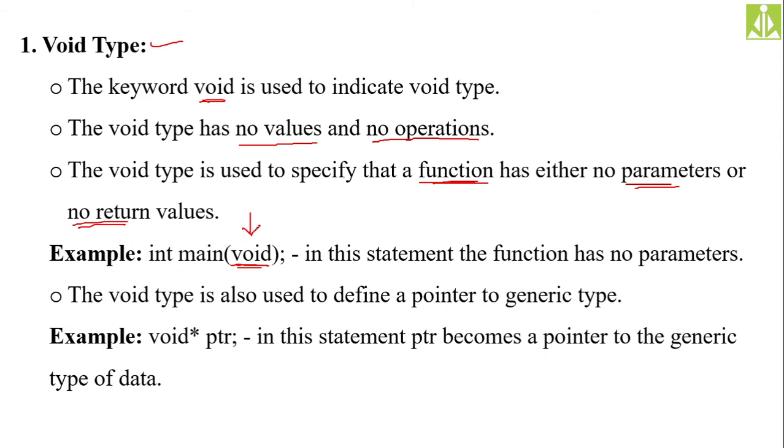Main is a function and we are not giving any input to it, so we made the parameter list void. Also, to declare a generic pointer we use void type, void star ptr. This ptr will become a generic pointer. To understand this concept, we need to wait till your fifth unit, the concept of pointers.